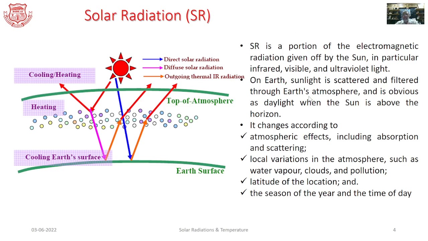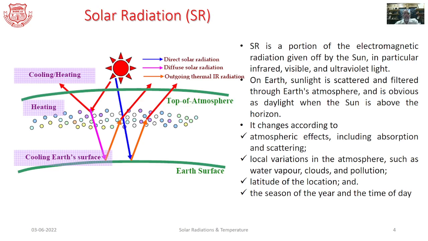These solar radiations will be changing according to the atmospheric effects, including the absorption as well as the scattering by the particulate and gas molecules that are present in the upper reaches. Also, there will be local variations because of the presence of water vapor, cloud, and even pollutants.